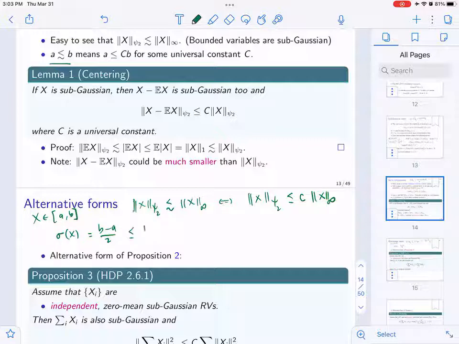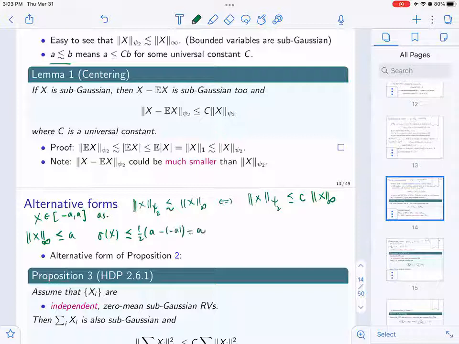So this is a numerical constant times the, let's say, imagine it makes sense if X is in, let's say, [negative a, a]. Otherwise this bound is not good. So let's say X is bounded, so the sup norm of X is bounded by a. If this is almost sure, then sigma of X would be bounded by one half of a minus negative a, which is just a.